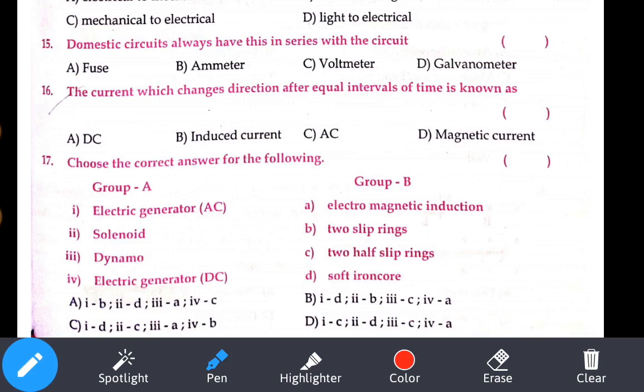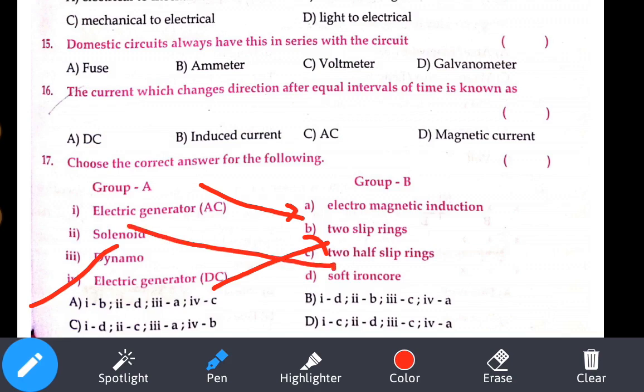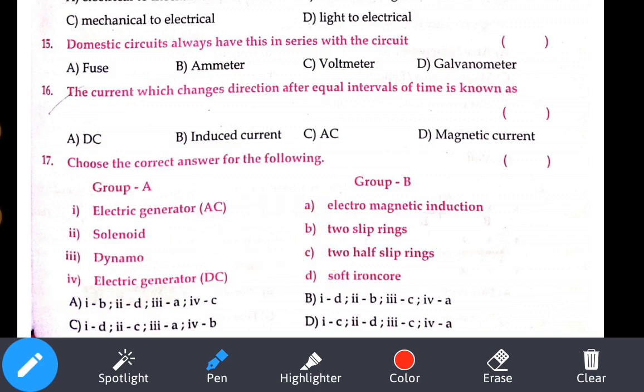An AC generator uses slip rings. A DC generator uses two half slip rings. So the first one is B and the fourth one is C; B, C, only one option. Option A is our answer. Solenoid is our soft iron core, and dynamo is our electromagnetic induction, because from the dynamo only we get this current. So option A is our answer.